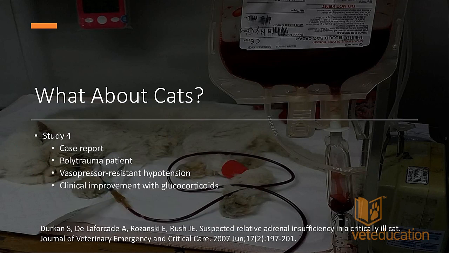There was another case report published back in 2007 looking at a polytrauma patient that had vasopressor-resistant hypotension and had clinical improvement with glucocorticoids. They actually used dexamethasone in this particular patient, and in the discussion they did speak about the less desirable effects of dexamethasone over hydrocortisone or methylprednisolone or prednisolone.